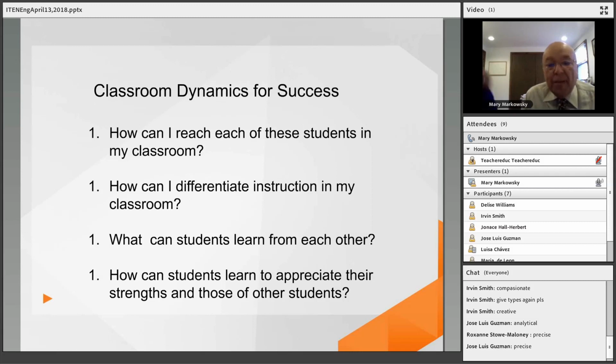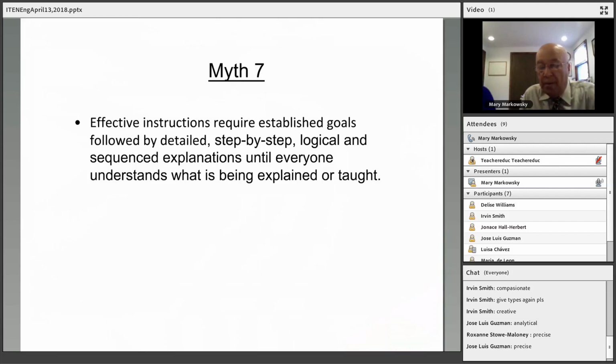Now, those examples, the example that I gave you before, I just want to ask you something. Want to go back? Yeah, I want to go back. When we talk about personalities, if you can tell me if this is a left-brained person or a right-brained person, and if it's analytical, precise, compassionate, or creative.